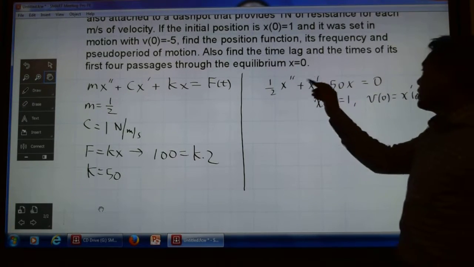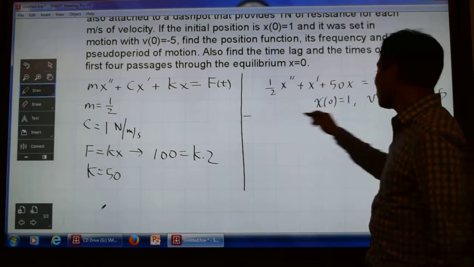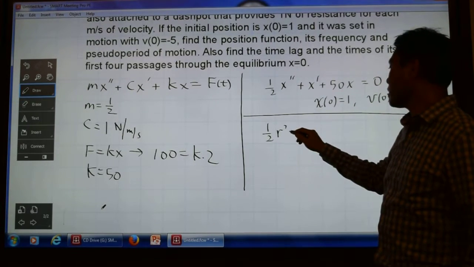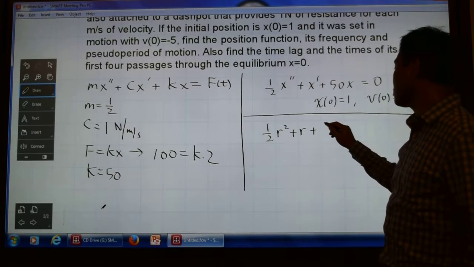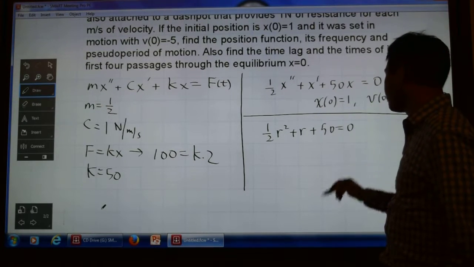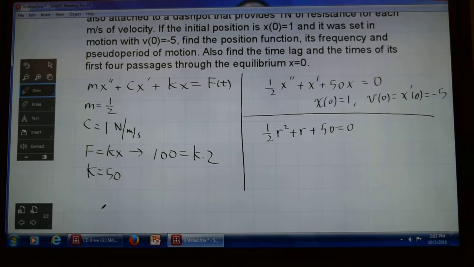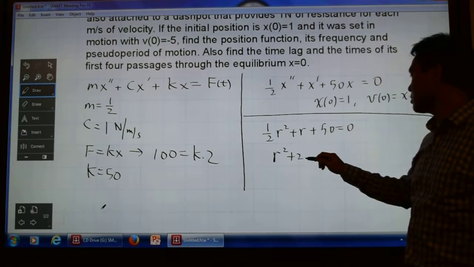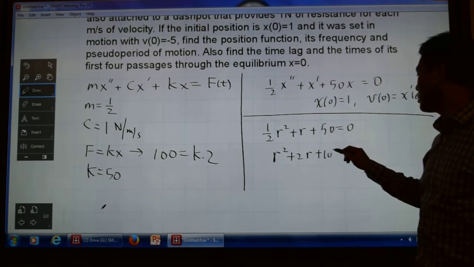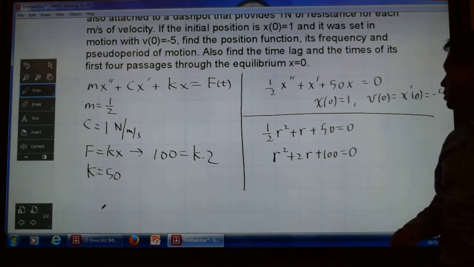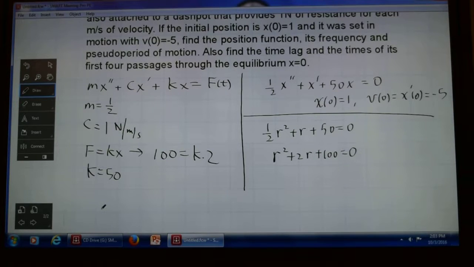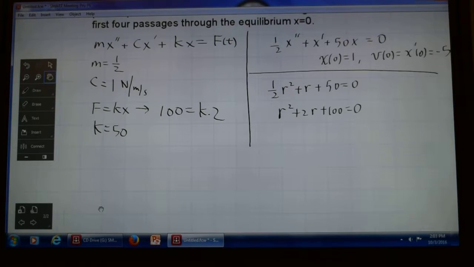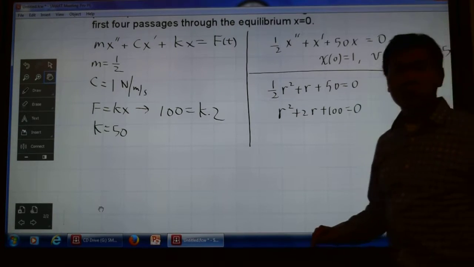Okay, now we have to solve this. First, write down the characteristic equation. 1/2 r squared plus r plus 50 equals 0. And multiply by 2, because I don't like fractions. You can solve this using the quadratic formula, but I would rather solve this using completing the square.